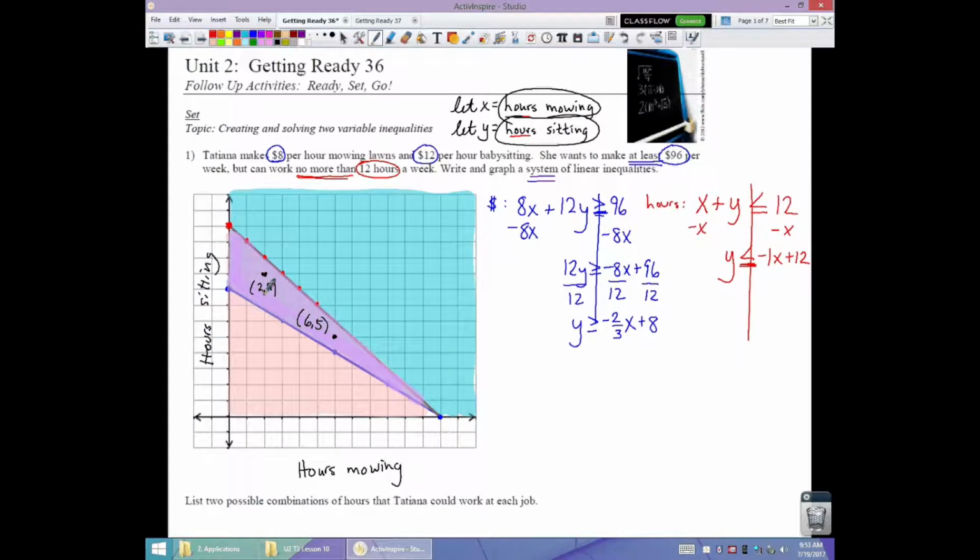Well, the 2, 9 represents she could work 2 hours mowing, because X is hours mowing, and 9 hours babysitting.